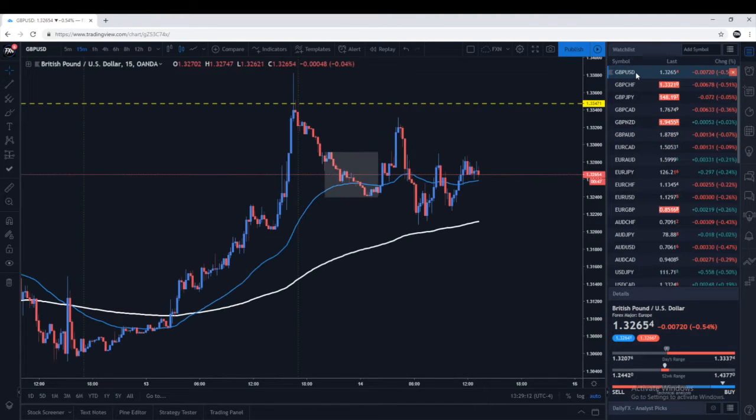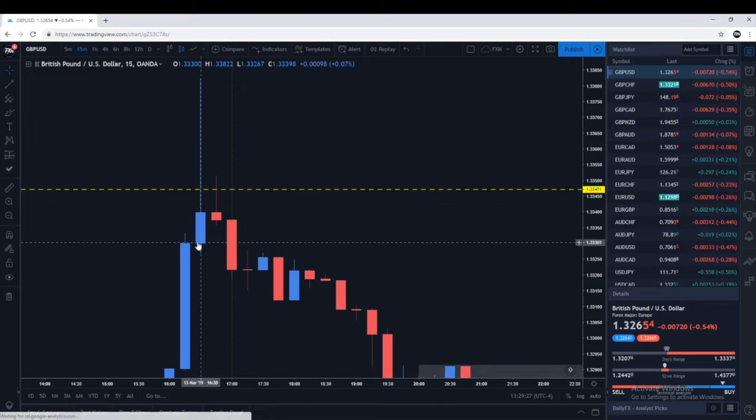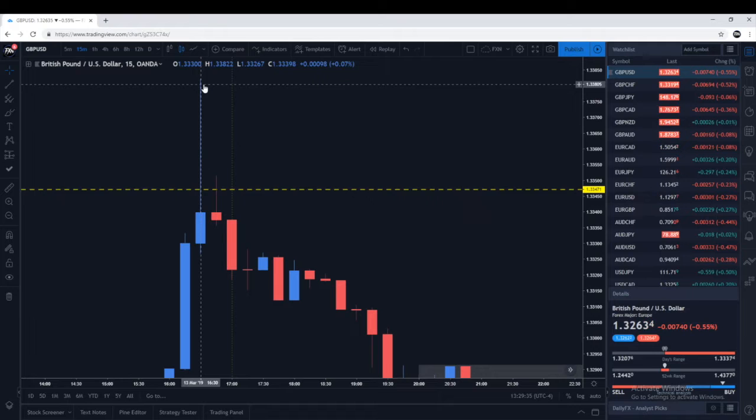Now when this move was created here originally, I want you to pay attention to this right here. See that long wick there? Remember before this candle, when this candle started, that wick was all solid blue.